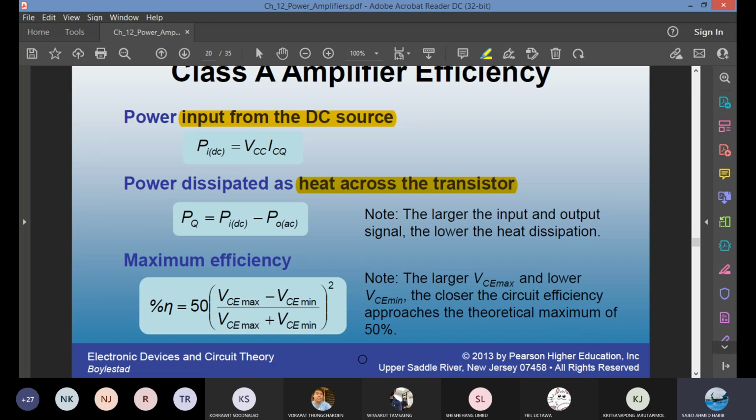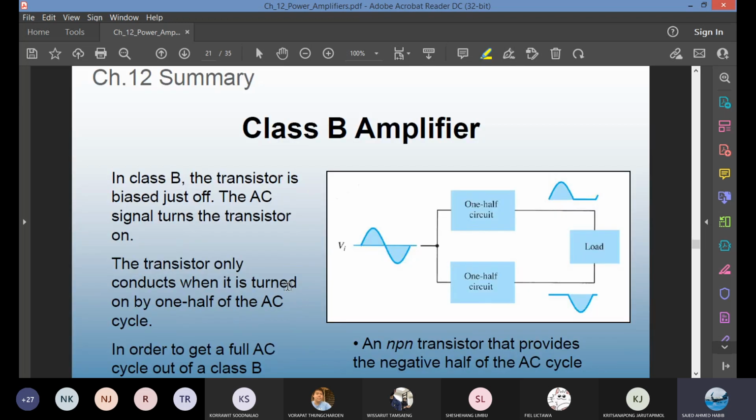Oh no, you have to do square. Okay, 0.83 squared times 50 is 34.45. Yes. So maximum efficiency of this one is 34.45. You can play with the value of VCC and everything, and then you can increase the efficiency.